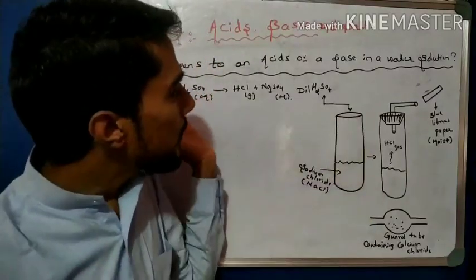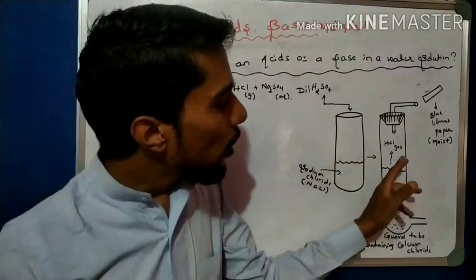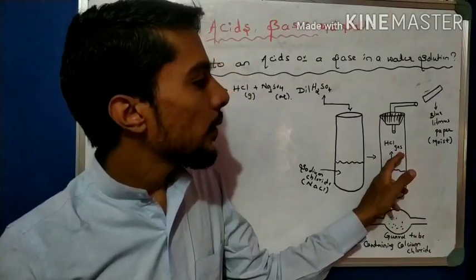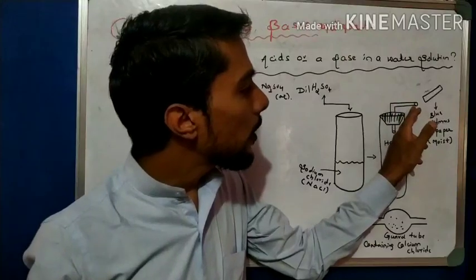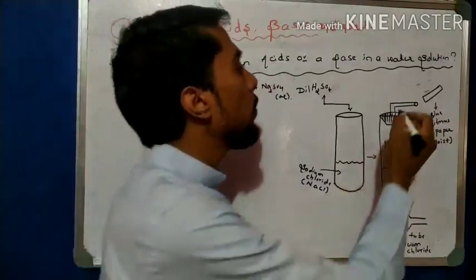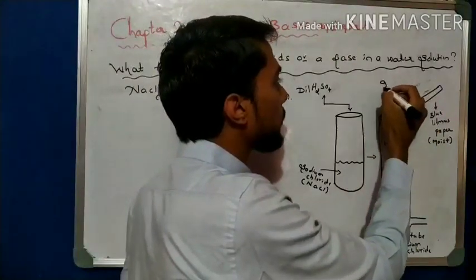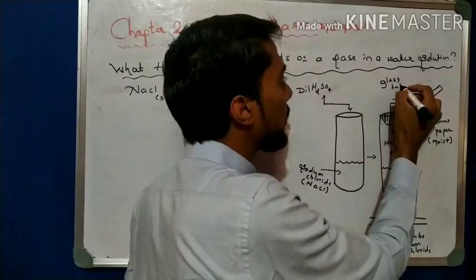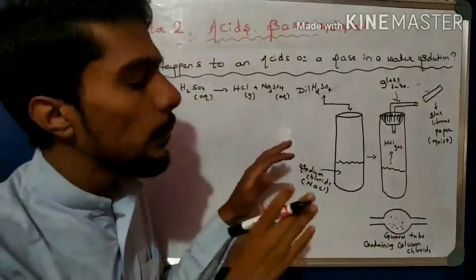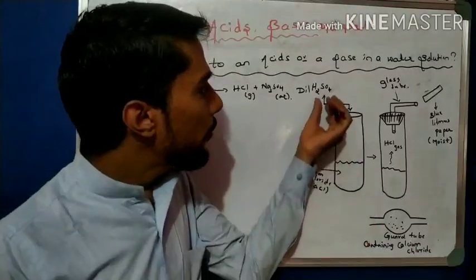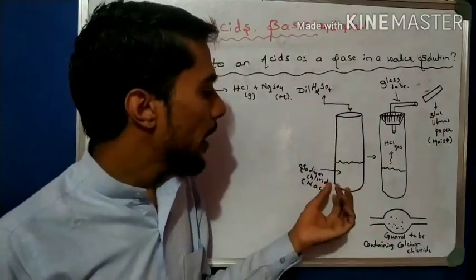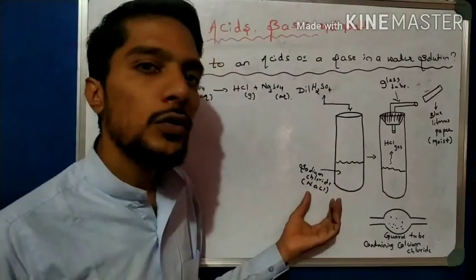After doing this experiment, we observe the formation of hydrochloric acid gas, which comes out of the test tube through a glass tube. So this is the setup and this is the experiment. Again: take a test tube with a few drops of dilute sulfuric acid and add some crystals of sodium chloride.